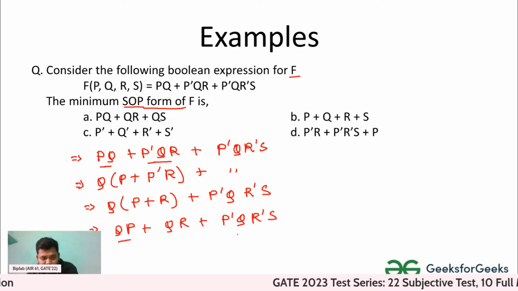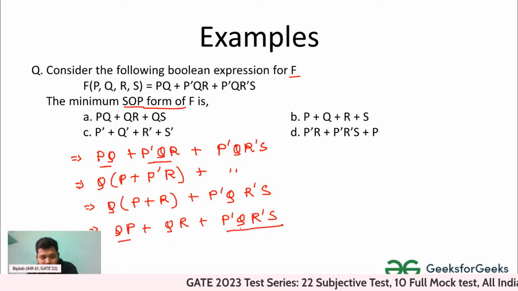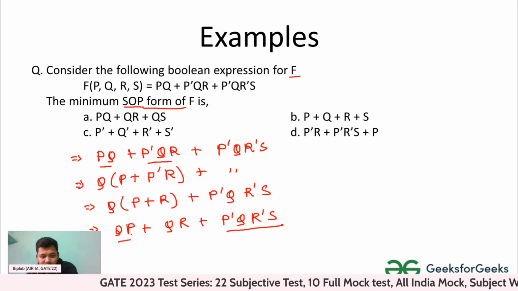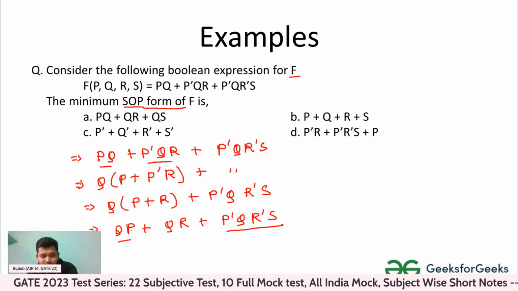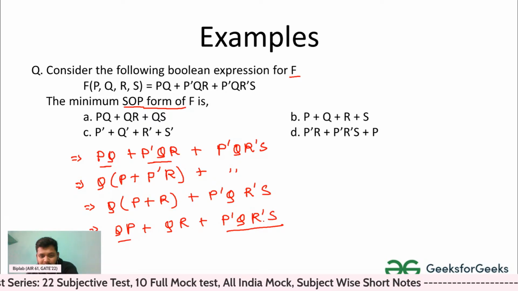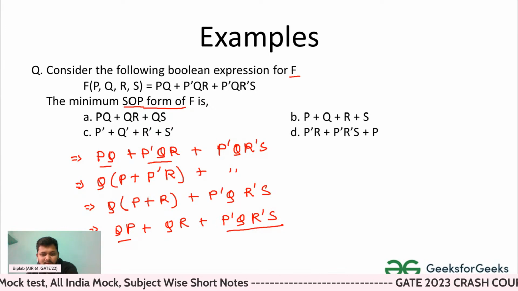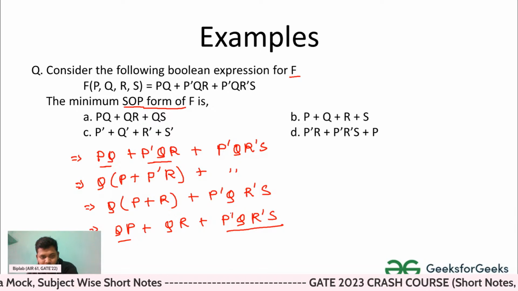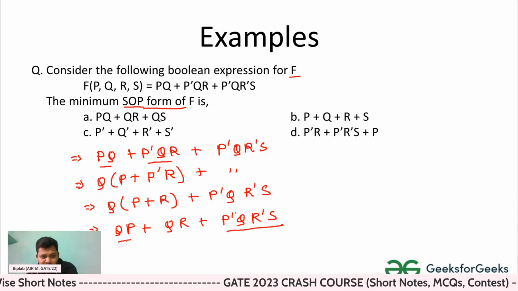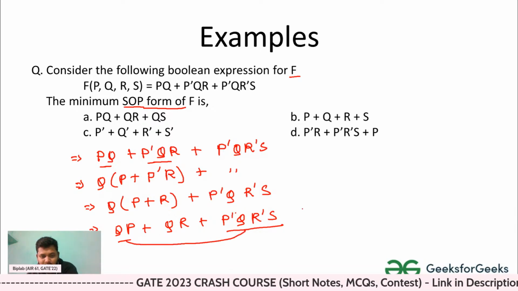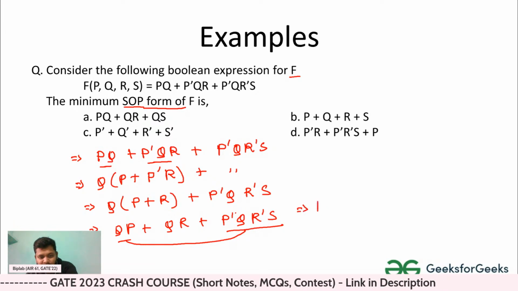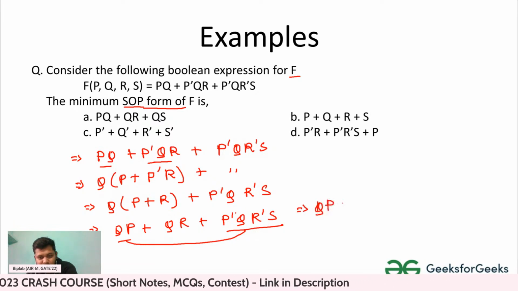Look at this term QP, and here Q. If you take Q common, you will be left with P bar R bar S. P bar you can cancel by absorption law. So your expression will be QP.